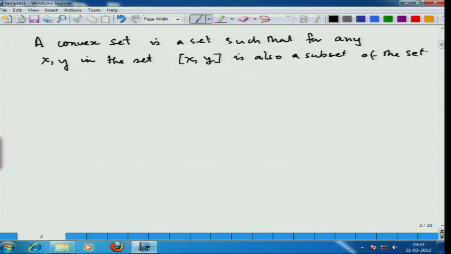So, this is just a thing in the English language which you now understand very well.